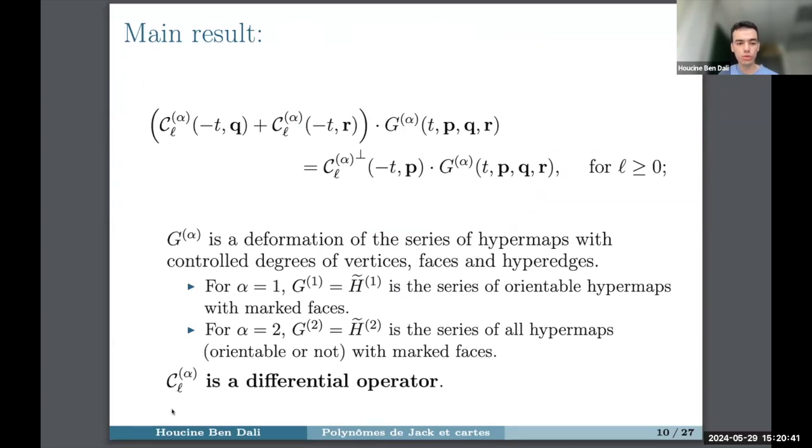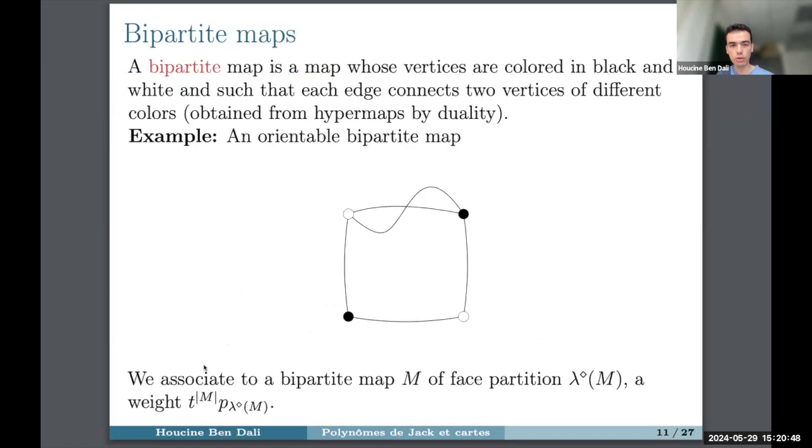These differential operators CL alpha were more or less defined in the talk of Victor. So I'll try to explain how they act on maps. And for this, I will need bipartite maps, which are just maps with, this time, colored vertices and not faces, and such that each edge connects two vertices of different color. So this is an example of an orientable bipartite map.